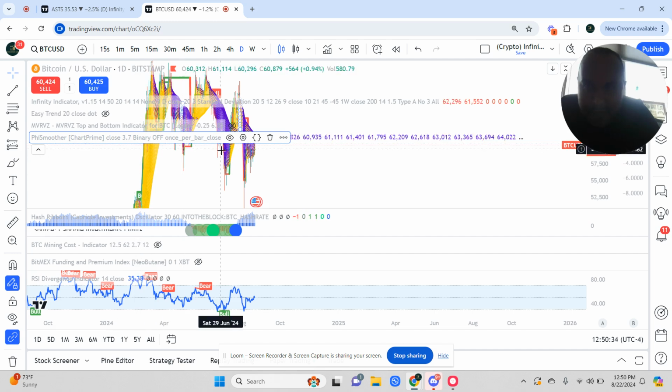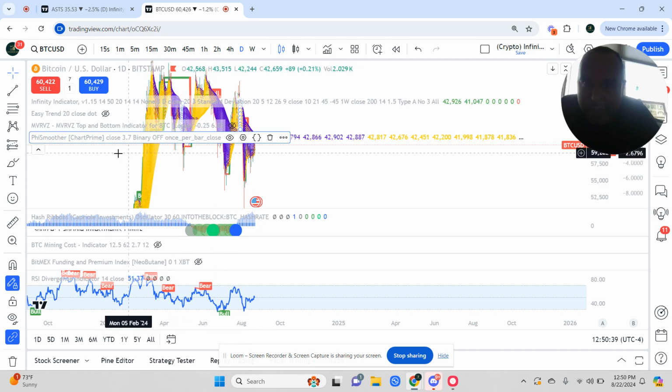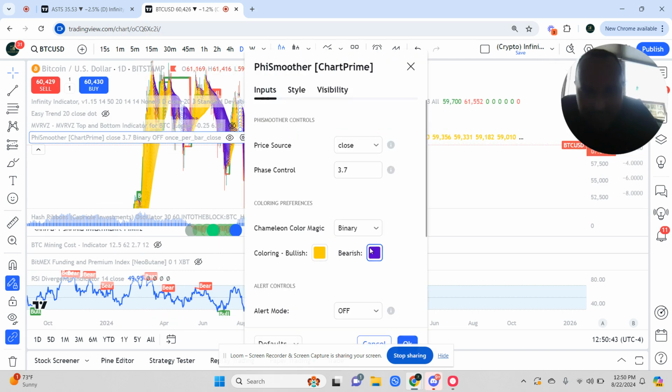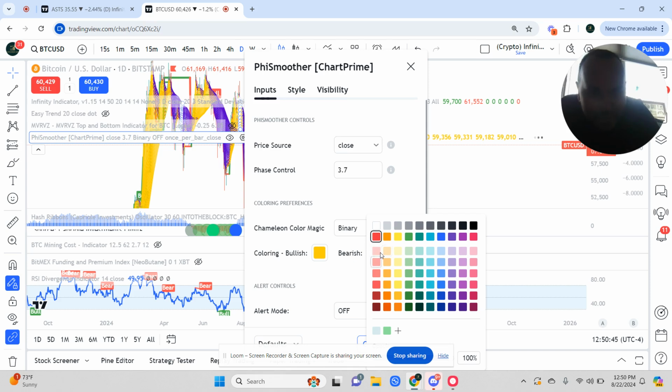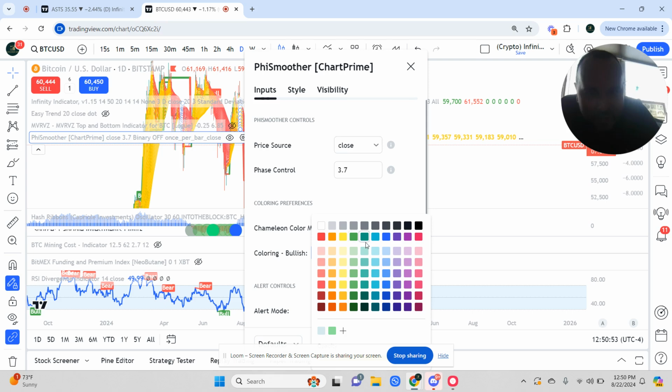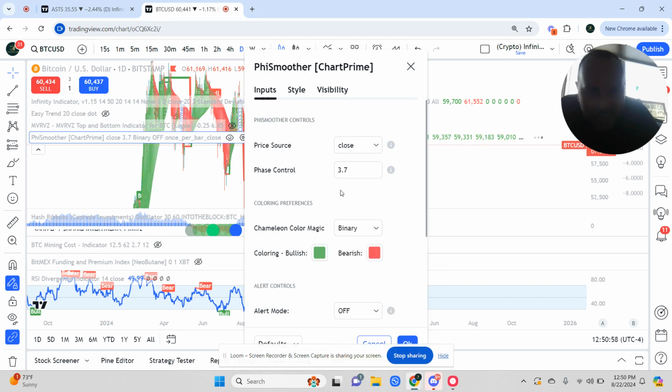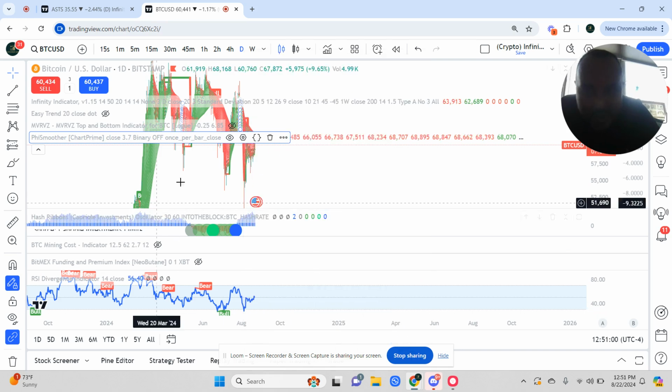I kind of like the yellow and purple. Obviously, yellow is bullish, purple is bearish. You can go in here and change that if you wanted, bearish to be something like a reddish type color, and then bullish something like a greenish type color. You could do that as well.